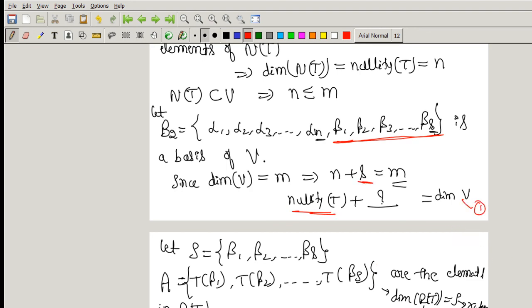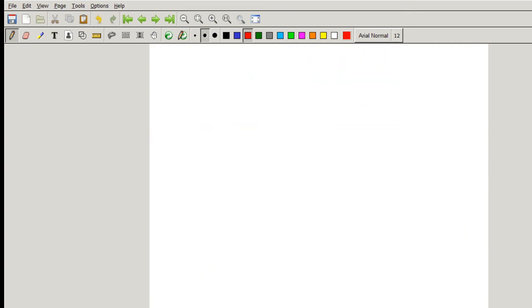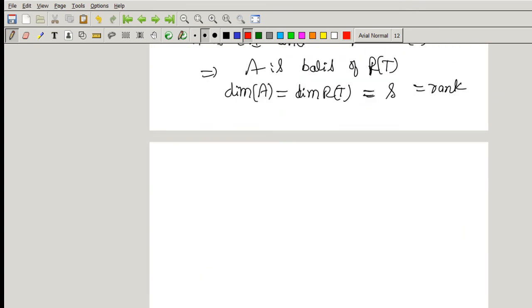So equation 1 implies rank of T plus nullity of T.